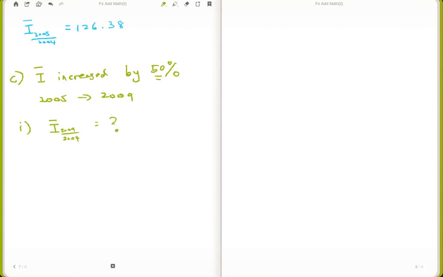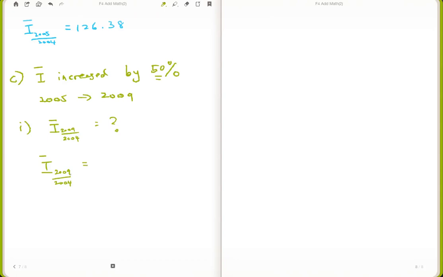Now, in the event you know that it increased by 50% by 2009, you have two options. You may use the chain rule, maybe I can help you out with that, to get 2004.